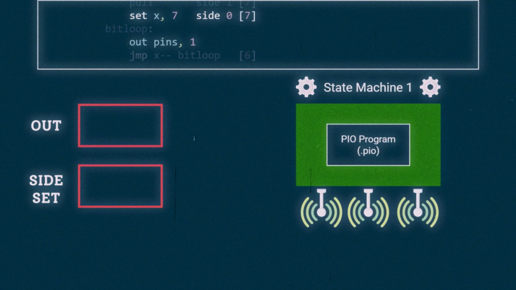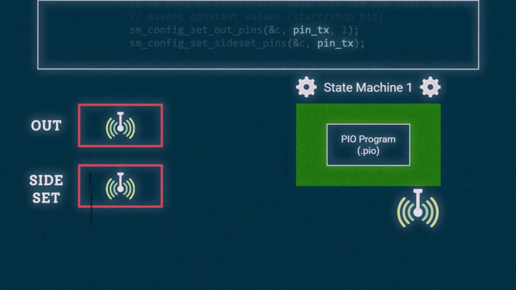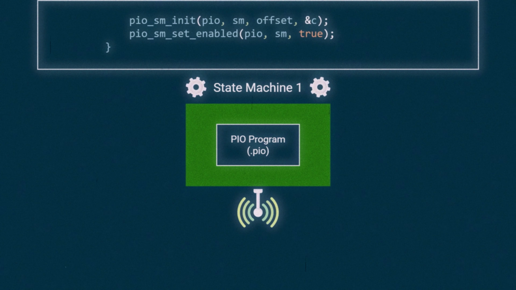Since our UART transmission PIO program only makes use of the out and side set instructions, and both of them only need to manipulate one GPIO pin, or transmission pin number 3, we can set both of them to be the same pin. There are other things to configure, but to keep the video simple, I'm only highlighting all the pin-related stuff. Finally, we initialize and start the state machine.